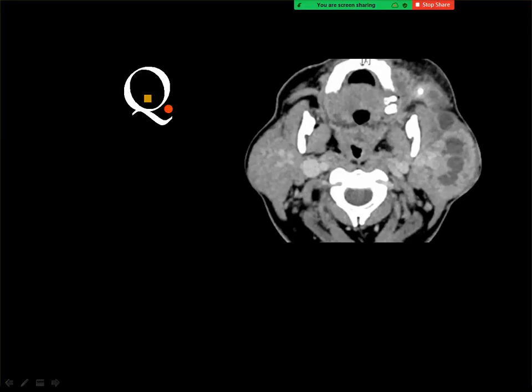And if you look carefully, you can see this radiopaque big calculus at the end of the parotid gland duct, and the duct is markedly dilated.